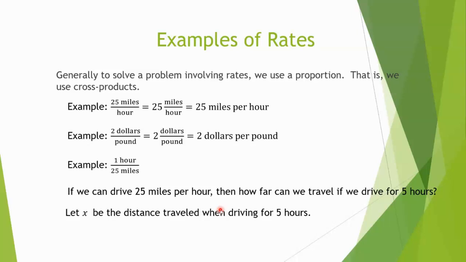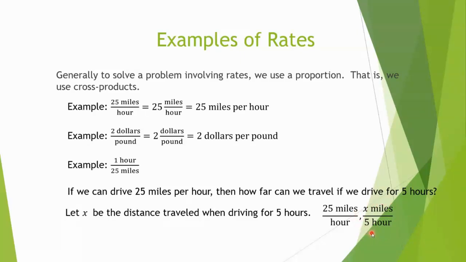Okay, but again, 25 miles per hour, that rate has to do with the speed of the car. And the x over 5, x miles, that's how far we're going, over 5 hours. Well, this also is the rate that gives us the speed of the car.